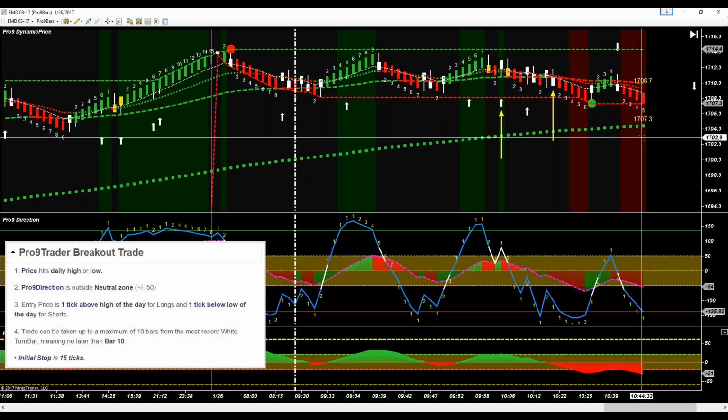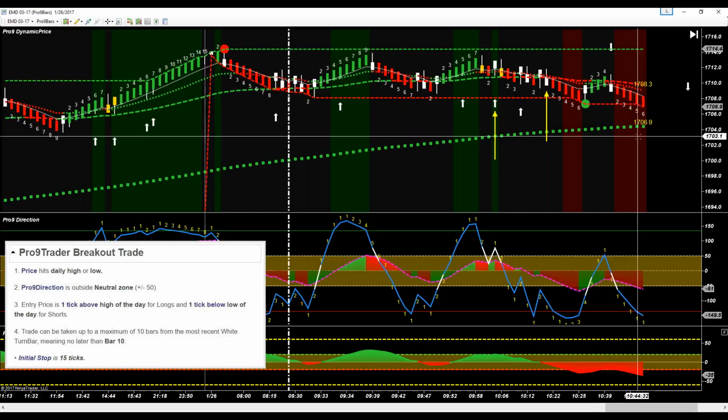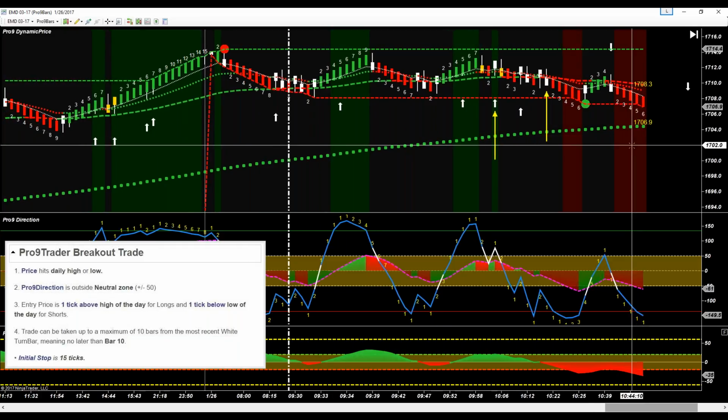The higher low of the day can always be a point of support or resistance. We always have the chance to bounce off, but our direction histogram gives us the confidence that we're going to continue moving right through and at least hit our profit target, hopefully continue moving. And in this case, it would.